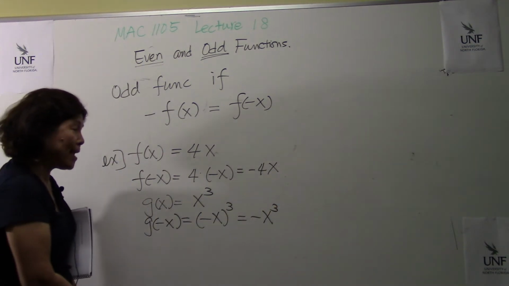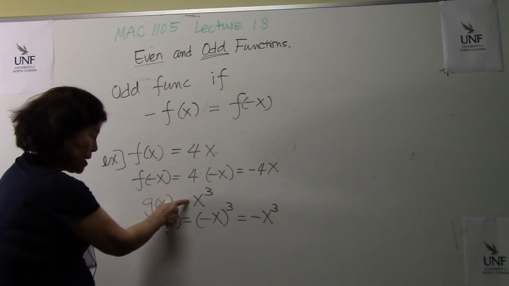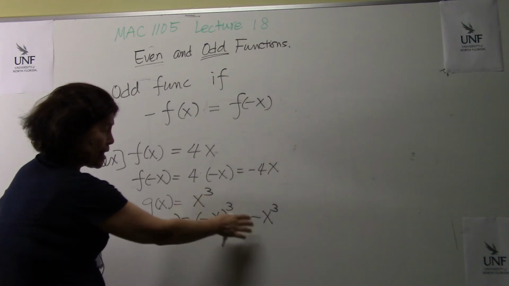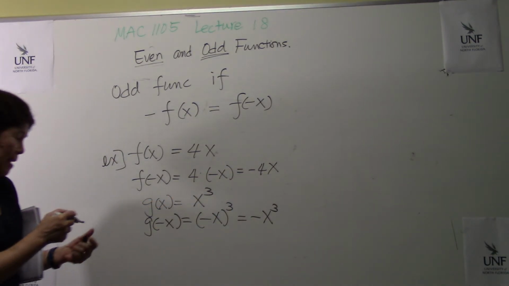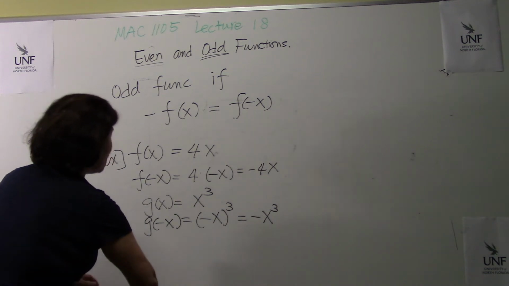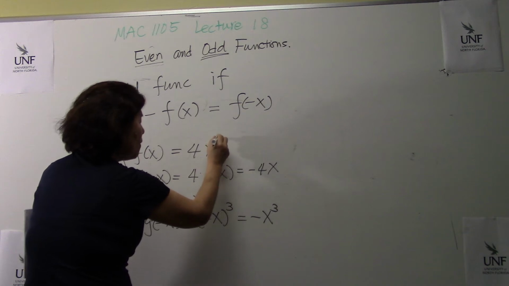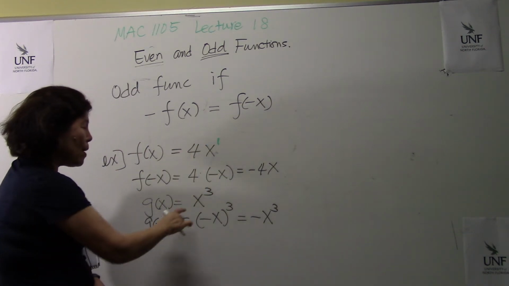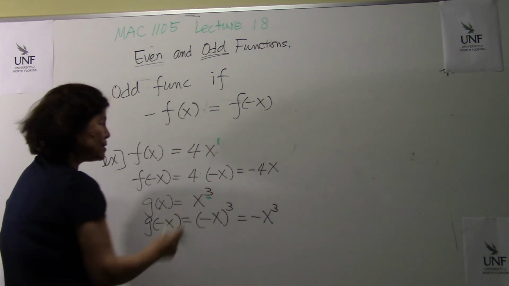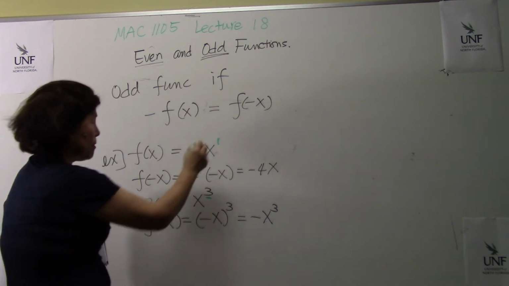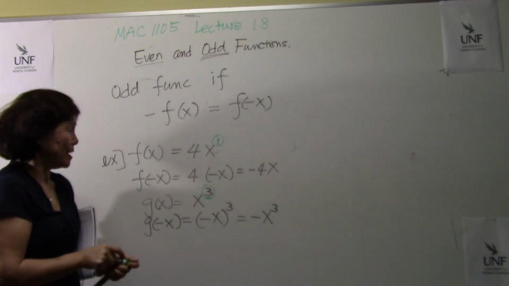Therefore, if you give a negative sign over here, negative x cubed, they are equal. So one thing is pretty interesting over here. When you have f of x, the power of x is 1. When you have x cubed, the power of x is 3. They are all odd numbers. Isn't that true? Okay? Yes.